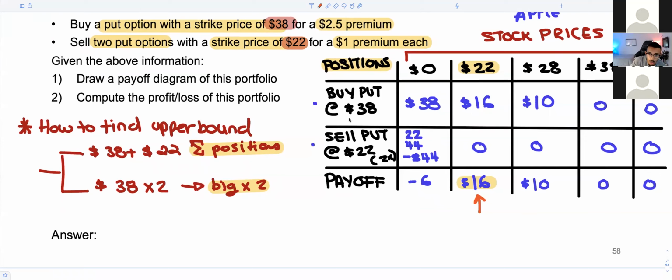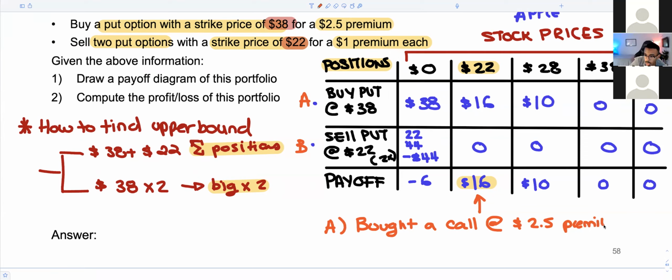So we have two positions. We have position A and we have position B. At position A, we bought a call at a $2.5 premium. So this means that we had to pay $2.5.